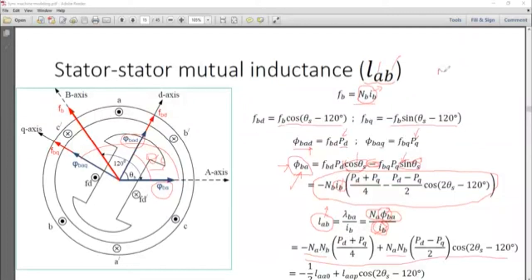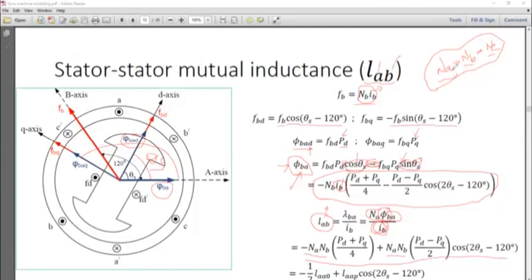But can we assume it like this? What do you think? Is this valid? Number of turns of coils in the A axis, in the B axis, and in the C axis, are they same or not in a single machine? Yes, sir, same. They are same because it's a balanced system. So that should induce same voltage.